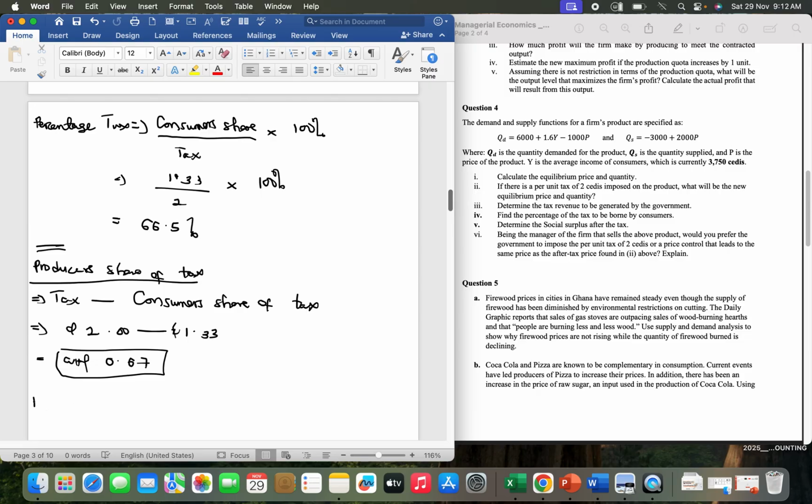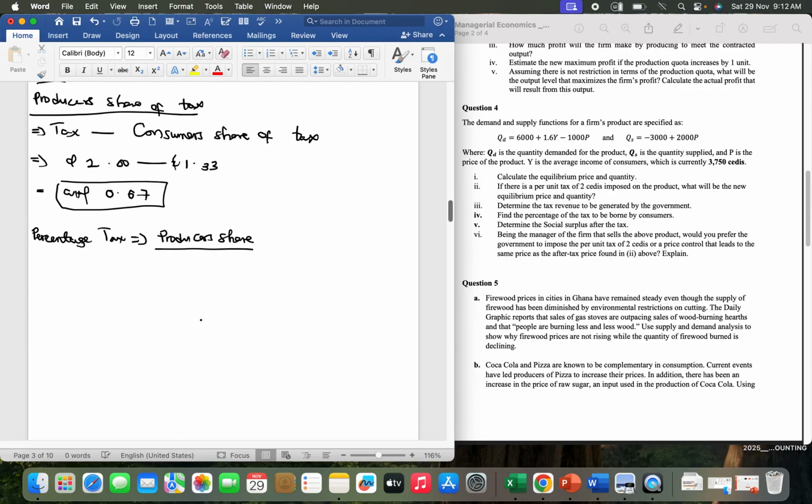In finding the percentage of tax for the producer, the percentage tax for the producer becomes the producer's share divided by the tax, times 100%.